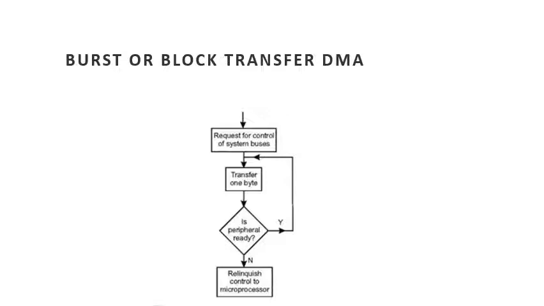The DMA controller first sends a hold signal to the microprocessor to request access to the system bus, and in turn waits for the hold acknowledgement signal. Once the hold acknowledgement signal is received, the DMA controller gets access over the system bus and sends one byte of information. Once a single byte is sent, the memory address is incremented, the counter is decremented, and the next byte is sent.